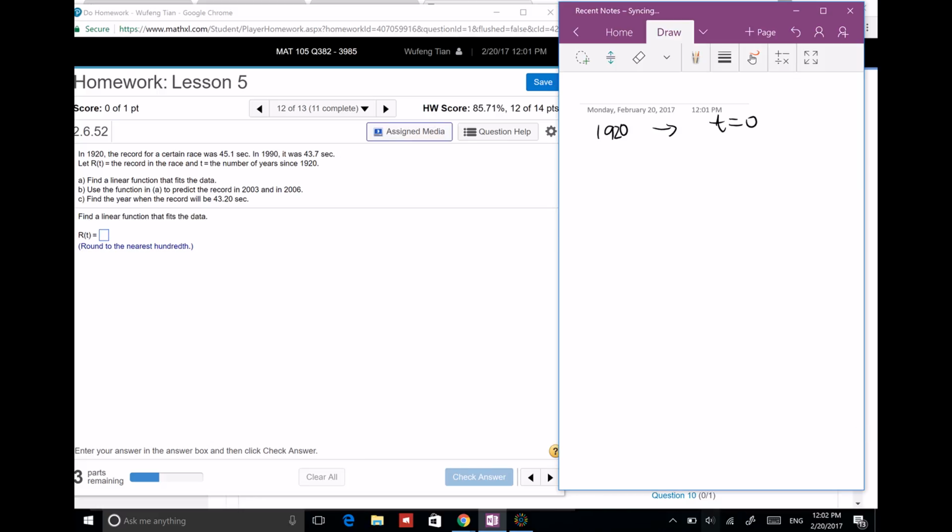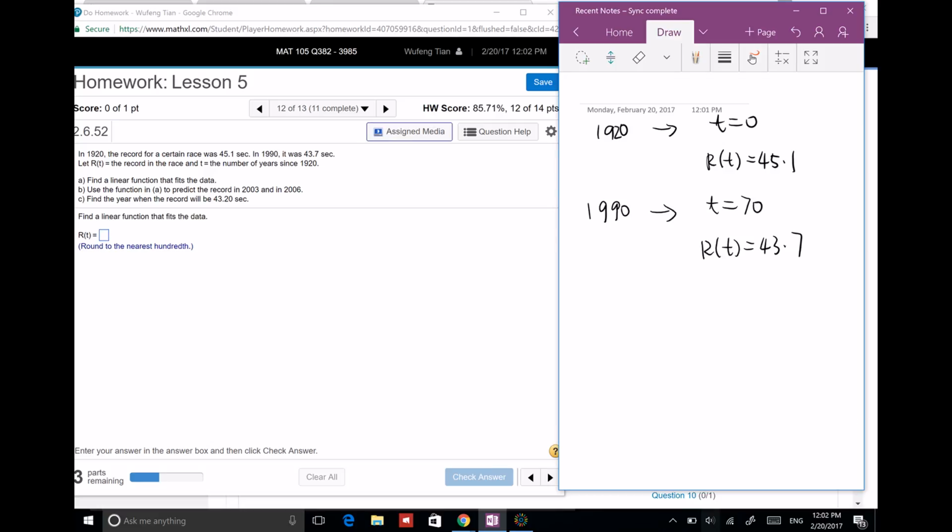So t equals 0, and R(t) equals 45.1. Now for 1990, we subtract, and we get t equals 70 years later, and R(t) equals 43.7.